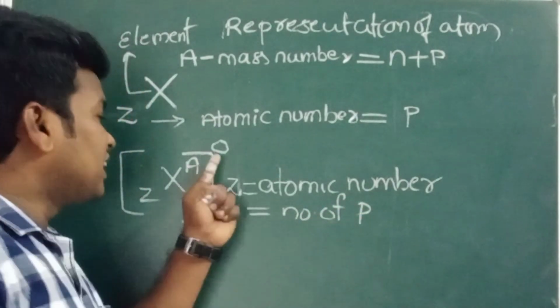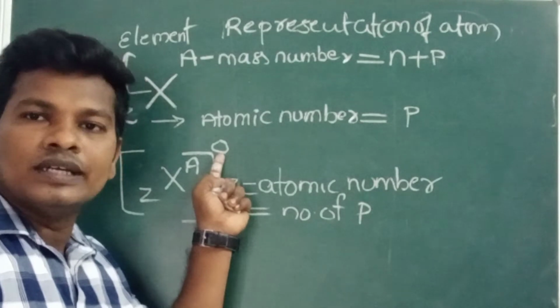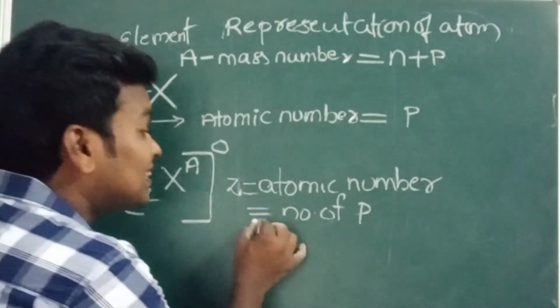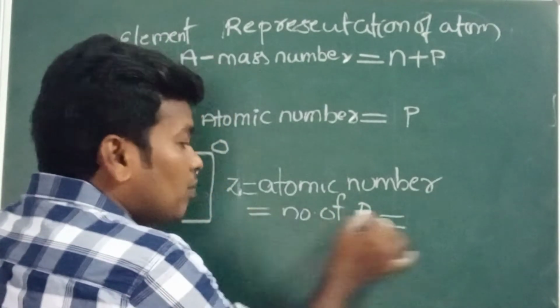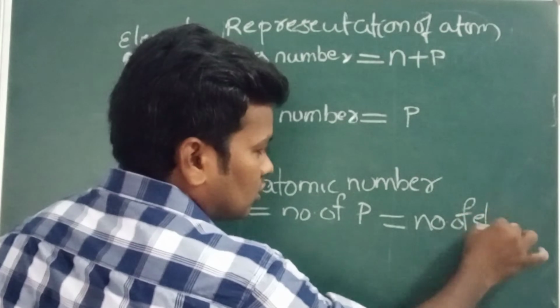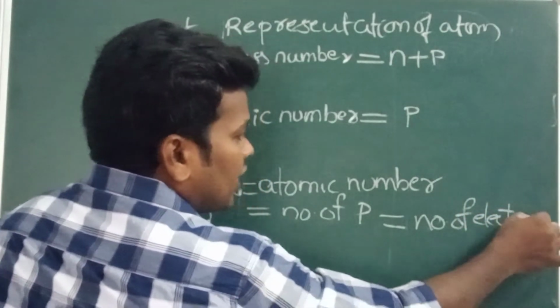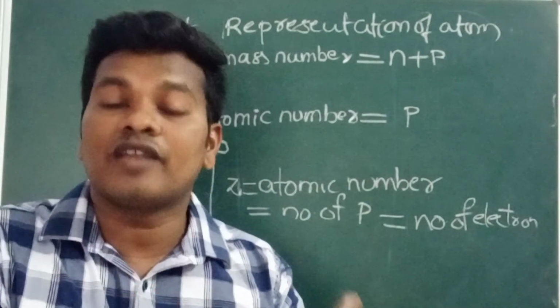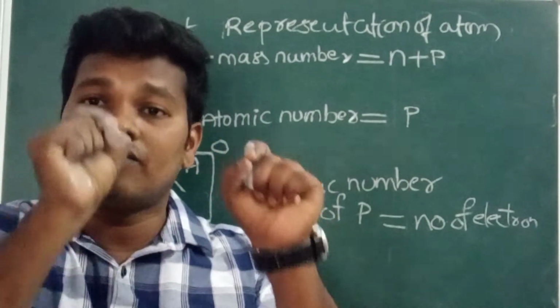Generally, if the atom is neutral, it doesn't have any charge, and in that case the atomic number is equal to the number of protons or the number of electrons. Only in a neutral atom will the number of protons and number of electrons be the same, when the atom doesn't have any charge.